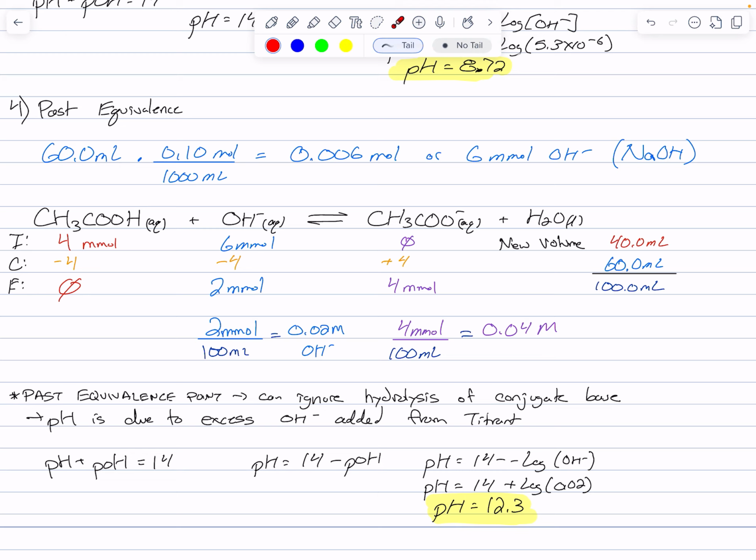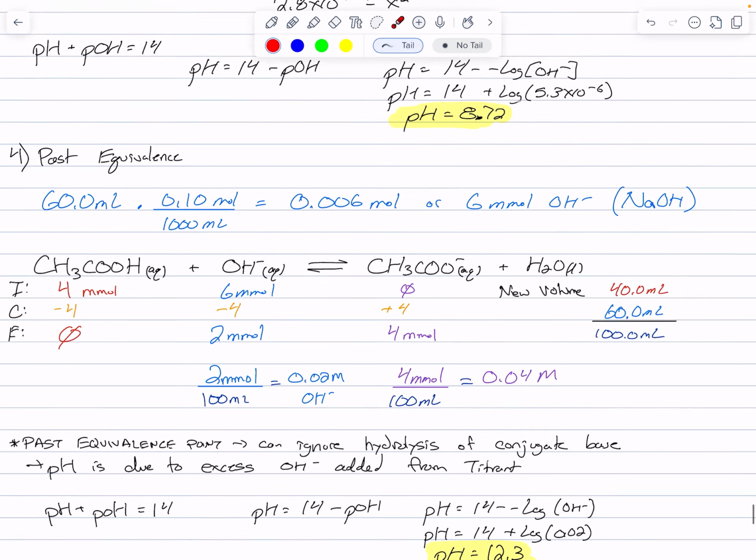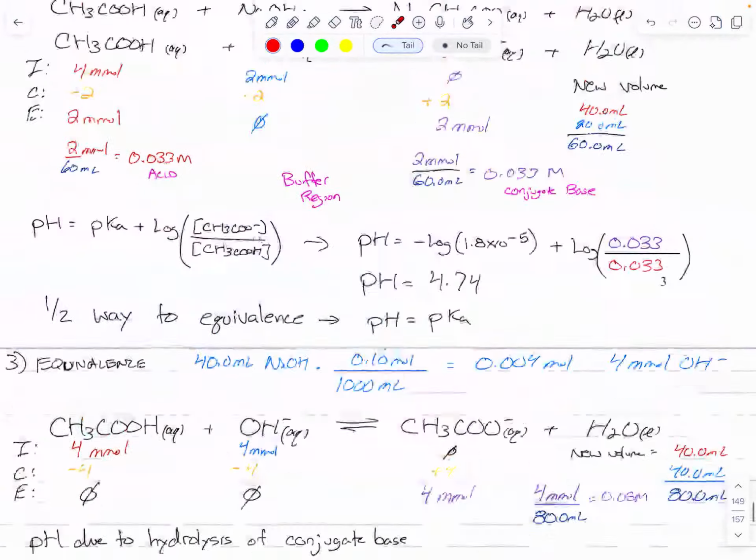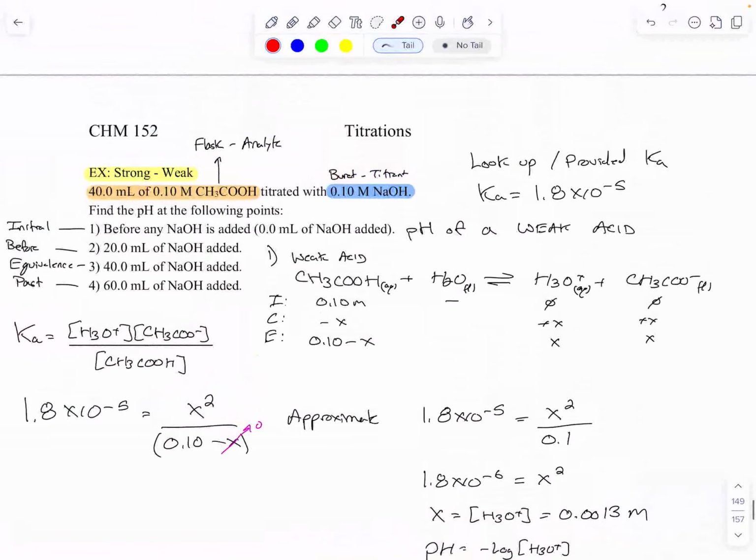All right, so let's recap this. All the way up. A lot of work for this problem, isn't it? So, strong, weak. In this case, it has to be a strong base in the burette and a weak acid. The same principles hold true whether it's a strong acid and a weak base. It's just going to be opposite, all right, with the pHs.